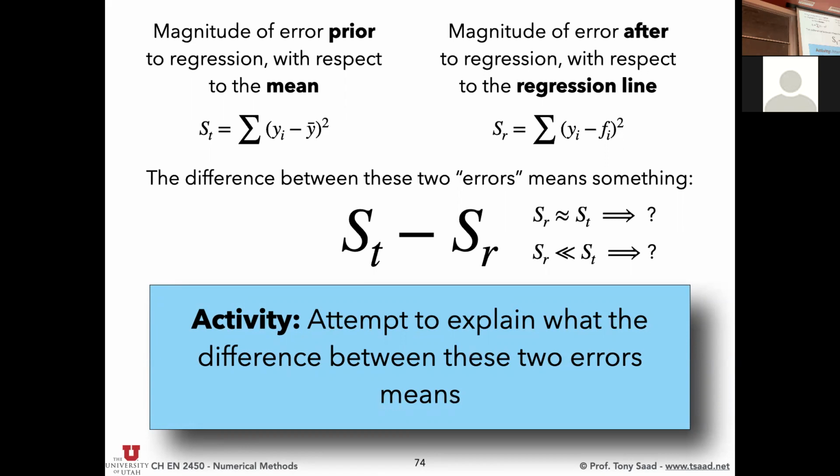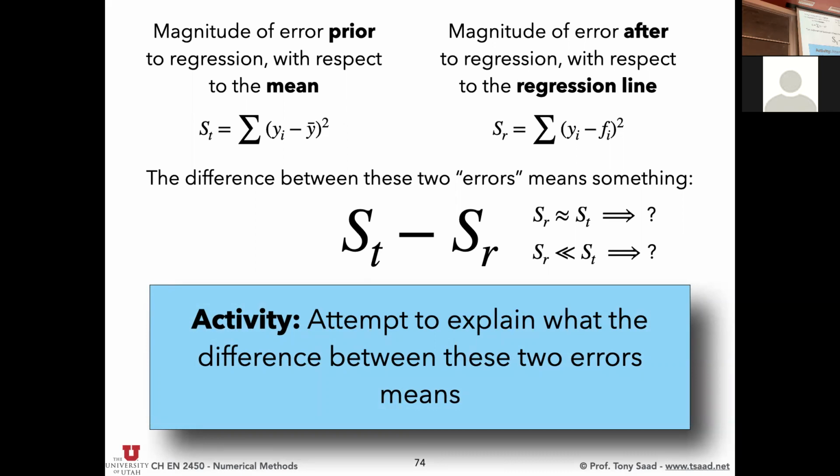And you can take the formulas for the standard deviation and standard error and compare them. It is simpler to compare the total error committed when using the mean value versus the total error committed when using regression. So SR refers to regression, and ST is just the one using the mean value, okay?